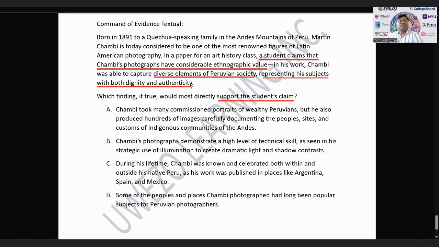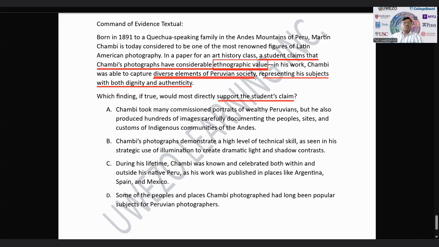Okay, so the student claims that the photographs have considerable ethnographic value. So this is your first aspect. So whatever evidence you're finding, the evidence should talk about some ethnographic value, and it should also talk about capturing diverse elements of Peruvian society.